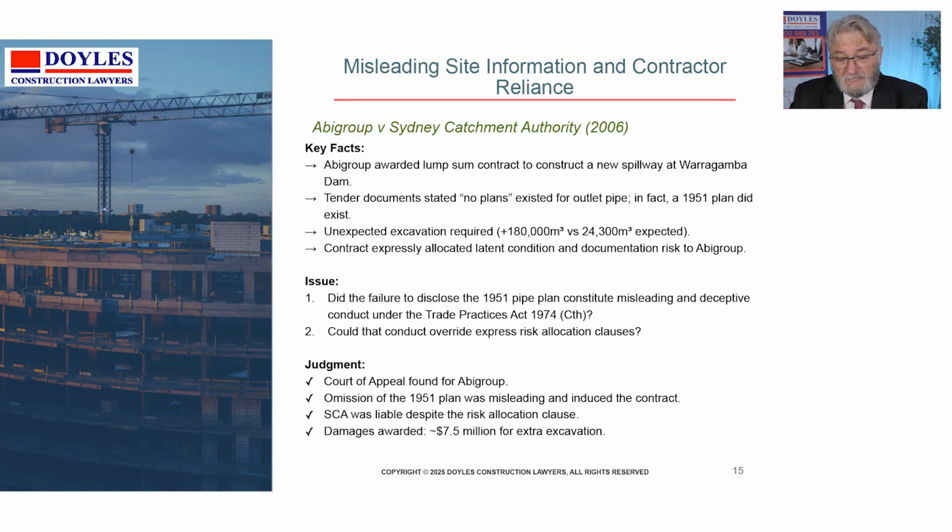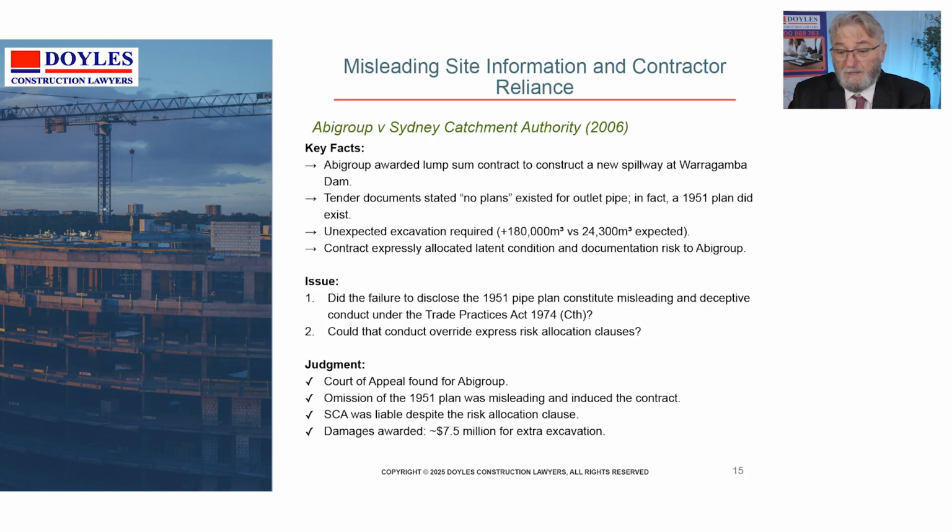So the issue was, did the failure to disclose the 1951 pipe plan, that is, the plan of the earlier excavation that would have to be removed, affect the rights under the contract? And did that override express risk allocation clauses?